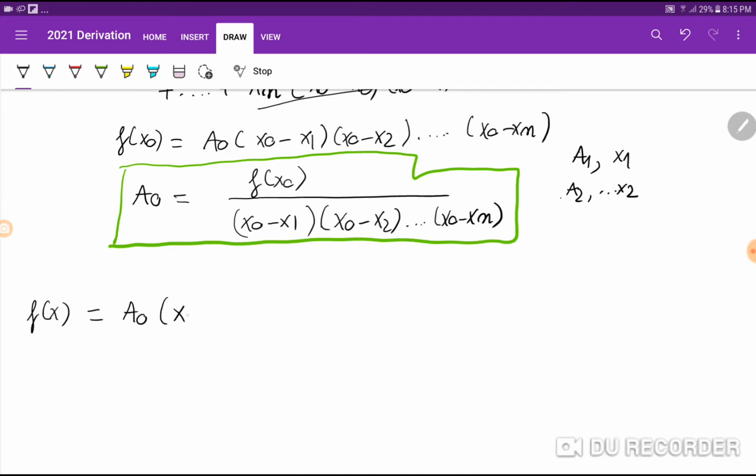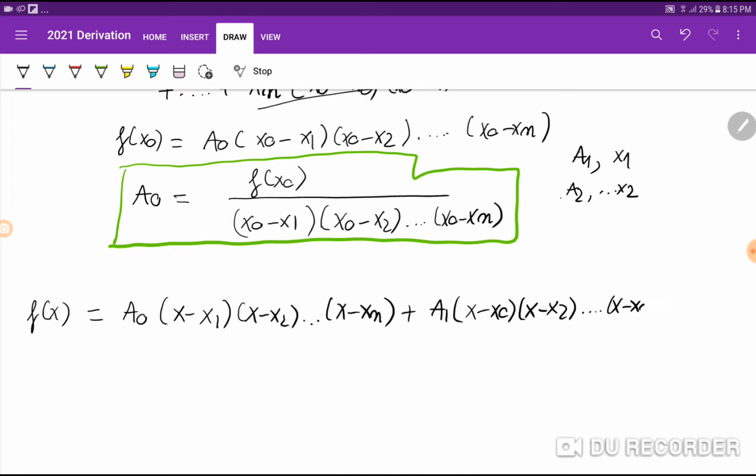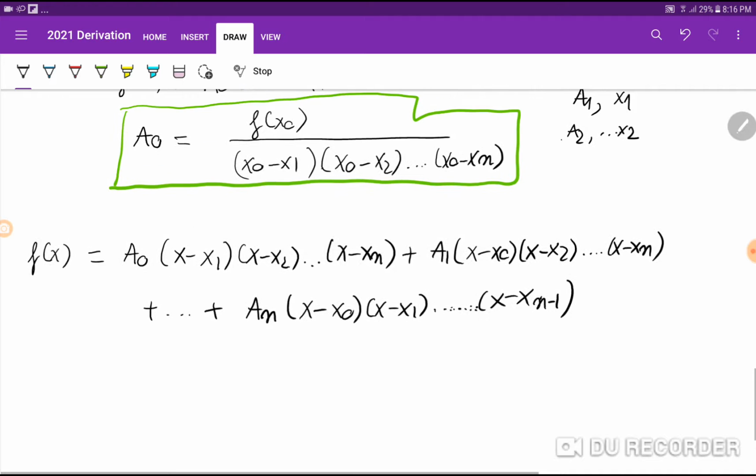There's no x0, so x minus x1, x minus x2, all the way to x minus xn, plus a1 times (x minus x0), (x minus x2), and all the way to (x minus xn), plus, let me, a_n times (x minus x0), (x minus x1), all the way to (x minus x_{n-1}). Okay, so how do you write this?